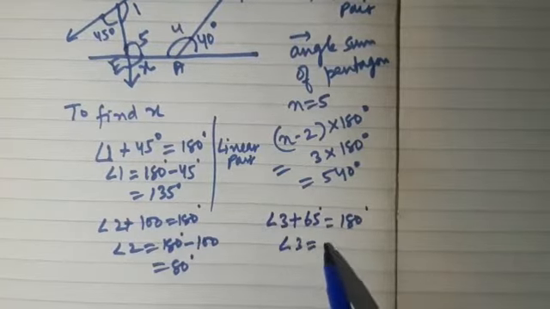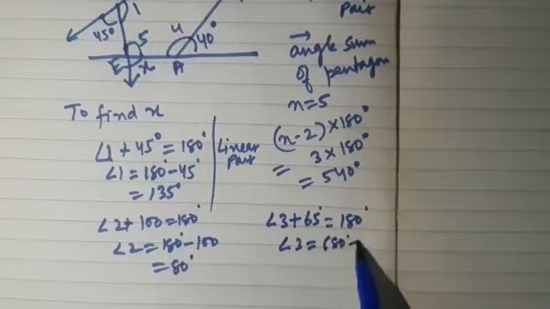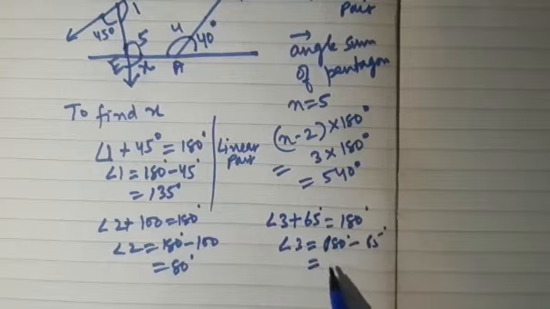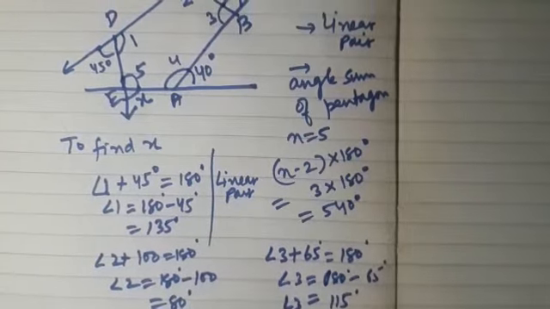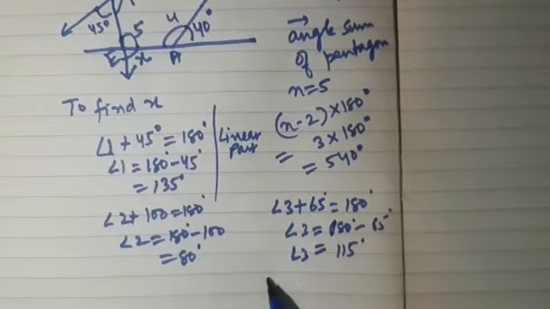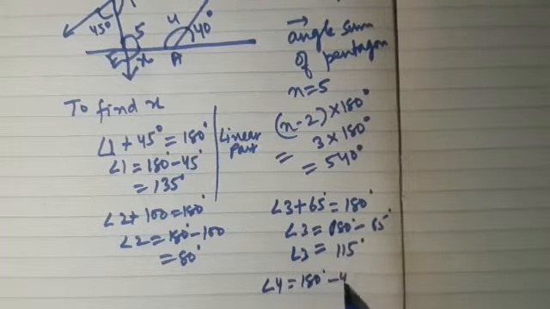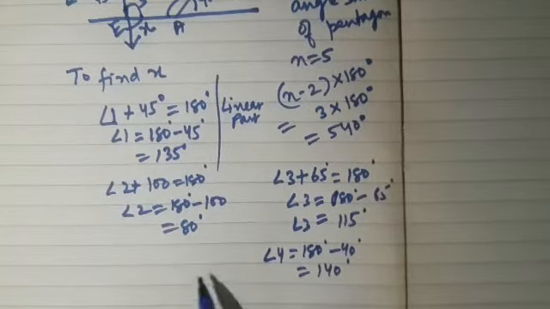So angle 3 is 180 minus 65, that gives us 115 degrees. Now we will find angle 4. Angle 4 is 180 minus 40, so that is 140 degrees.